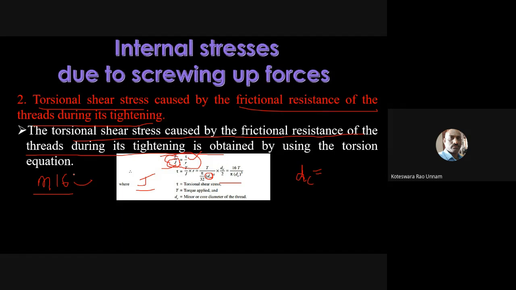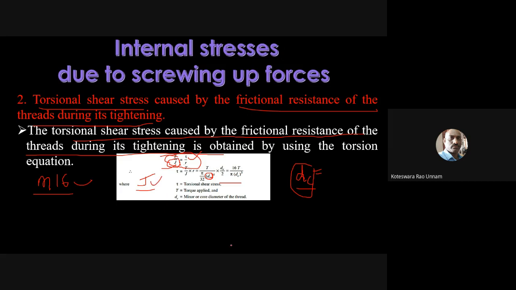DC is sometimes called the minor or core diameter. If you look into those tables, for M16 it is 13.54. So 13.54 mm is the DC value, and you need to use it to compute the polar moment of inertia.